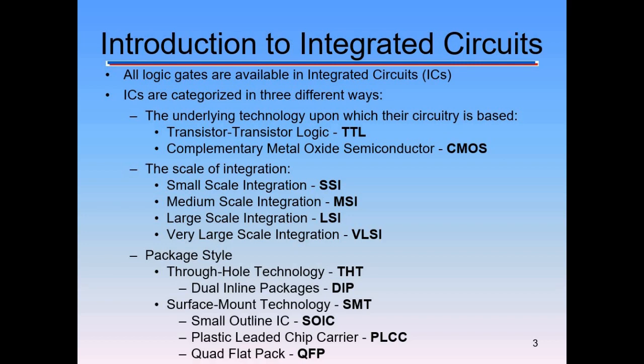Okay, we have different types of scale of integration. Integration, not in calculus terms, but in terms of how many circuits or gates are on a chip. So we have small scale integration, medium scale integration, large scale integration, and very large scale integration. Those are the acronyms SSI, MSI, LSI, and VLSI.